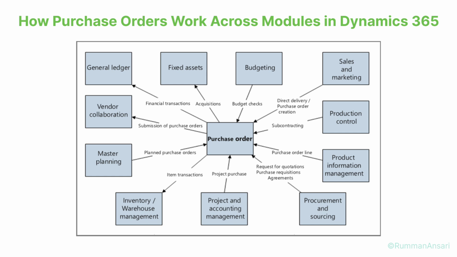Item transactions mean updates to the stock levels, locations and availability. The purchase order acts as a reference to verify what was ordered versus what was received. Now let me explain it in an easier way. Once items are received, this module kicks in.